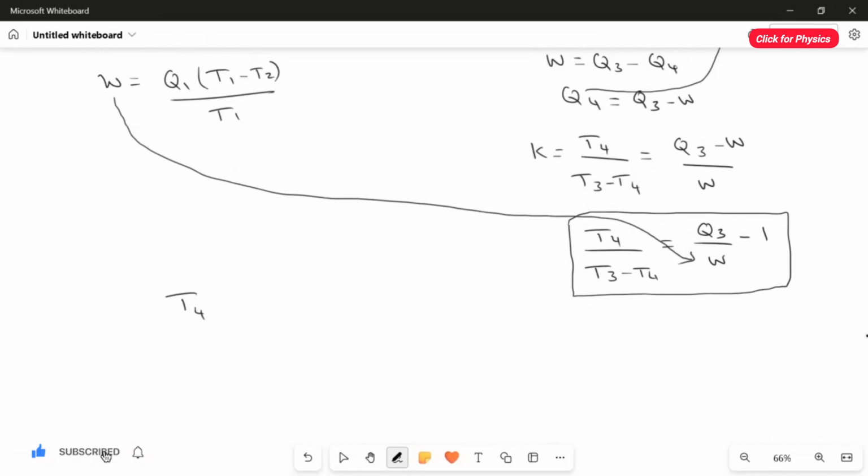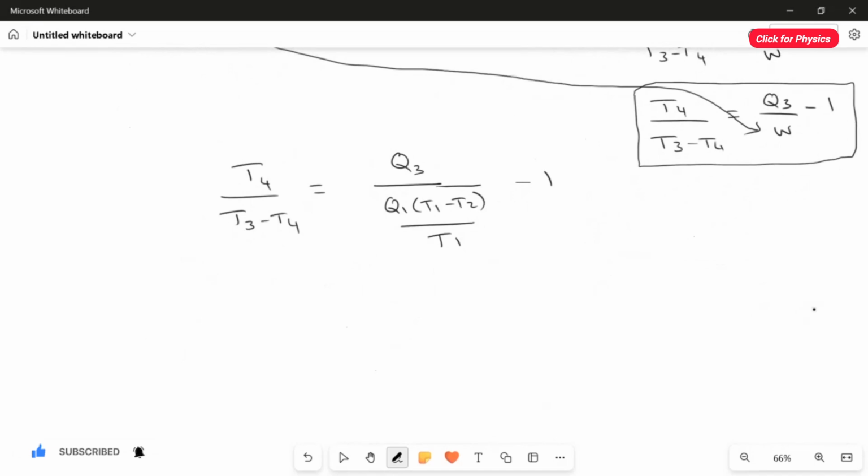T4 over T3 minus T4, which is equal to Q3 over, in place of W, I am going to substitute the entire term. So Q1 multiplied by T1 minus T2 over T1, and then one more minus 1 is there. So I have to write this minus 1. Clear?